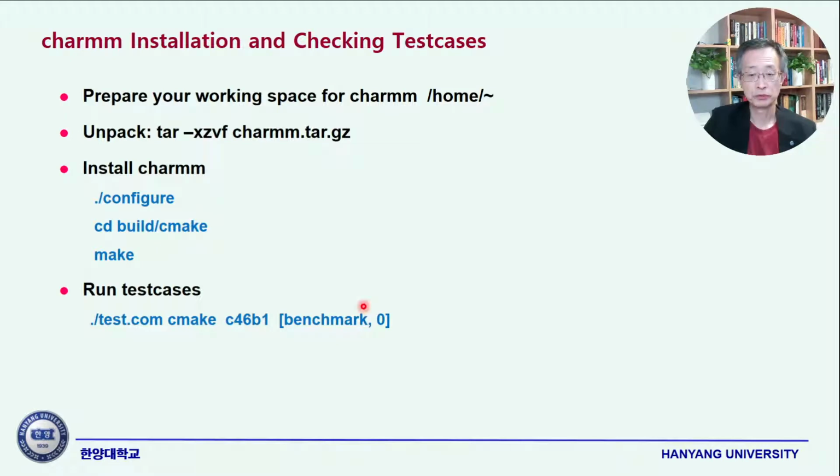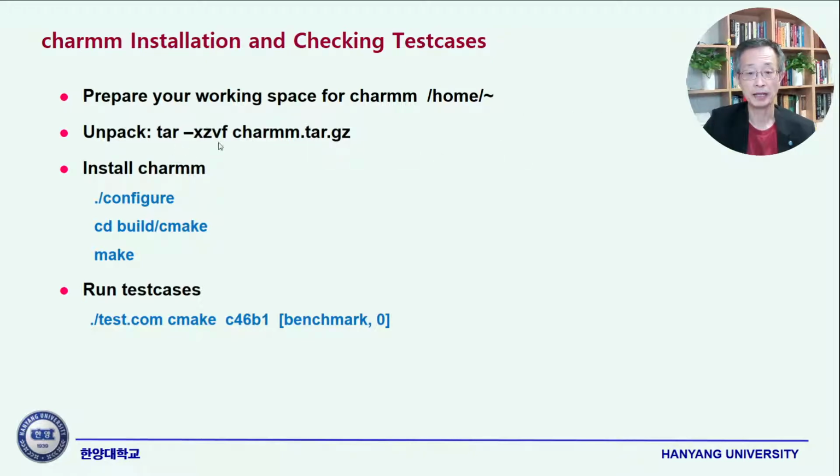Now we are ready to install CHARMM at last. Firstly, prepare the working space for CHARMM installation, usually under Home and the username, and then probably a CHARMM directory, something like that.